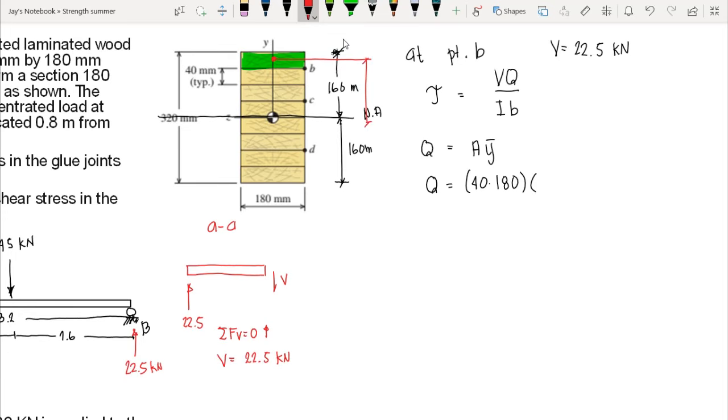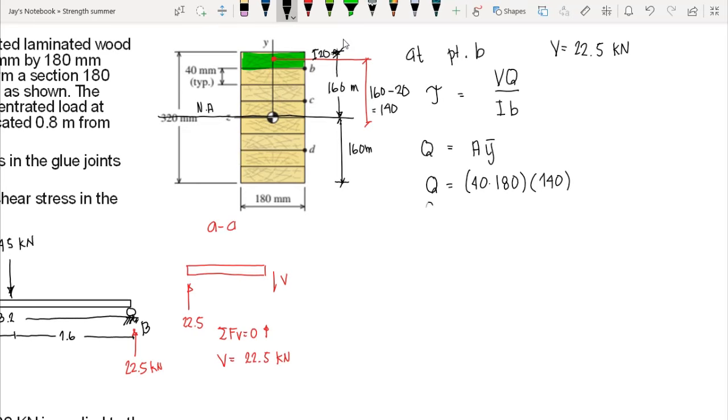That is 160 minus the distance from the top surface to the centroid, that is half of 40, that is 20, correct? So 160 minus 20 is 140. So we have barred Y that is 140.